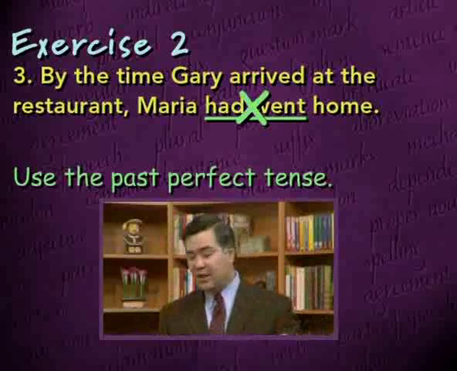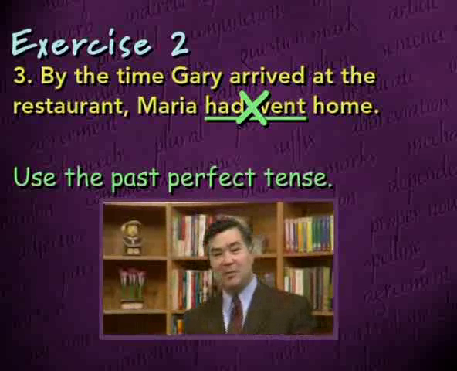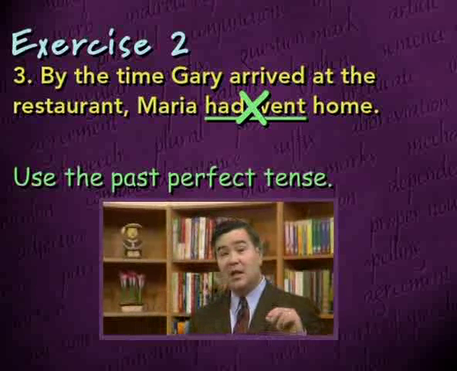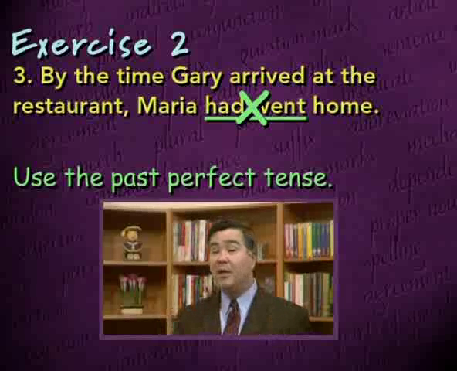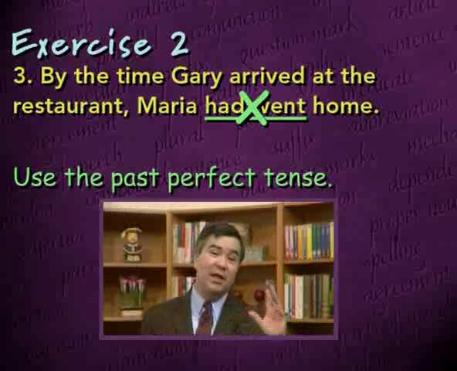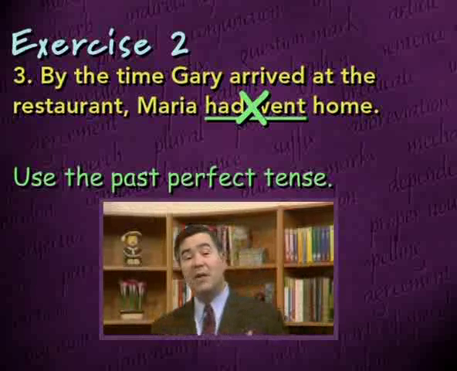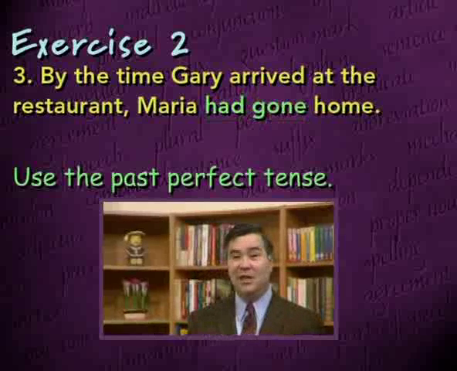And the past perfect tense would use the helping verb had followed by the past participle. The verb in this case is go. Is the past participle of go went? No, it isn't. Once again, perhaps you can hear that this is wrong. If not, look it up in your study guide, and you'll see that the past participle of go is gone, and that's what ought to be used in this sentence.